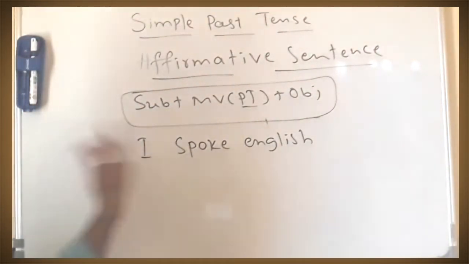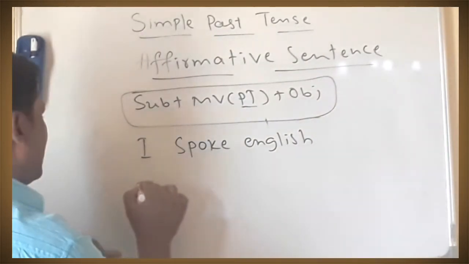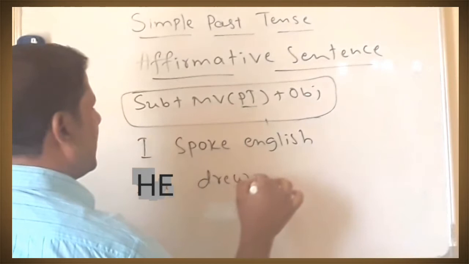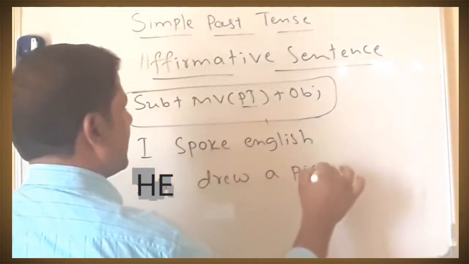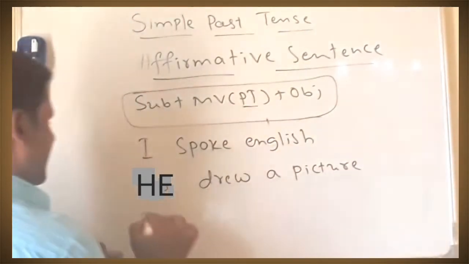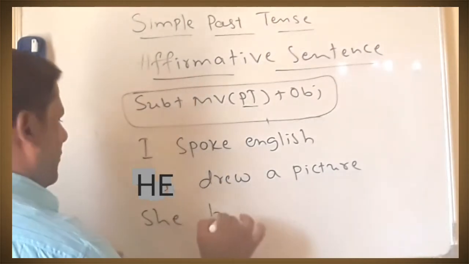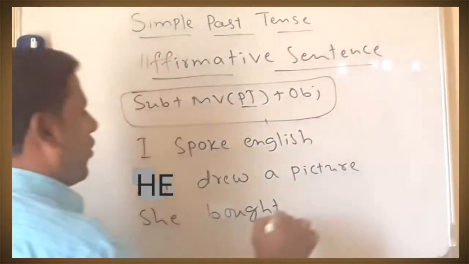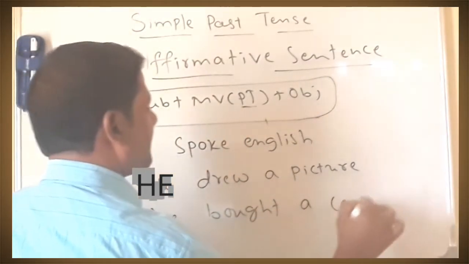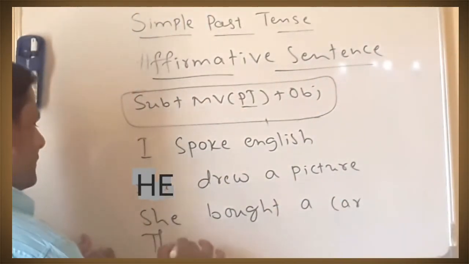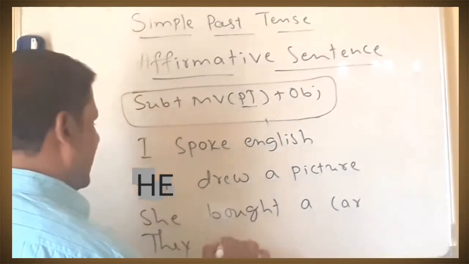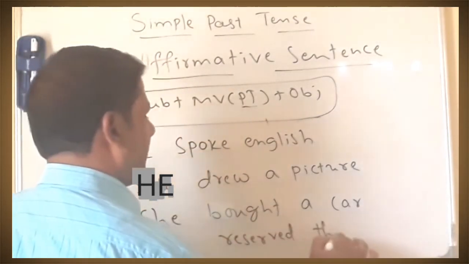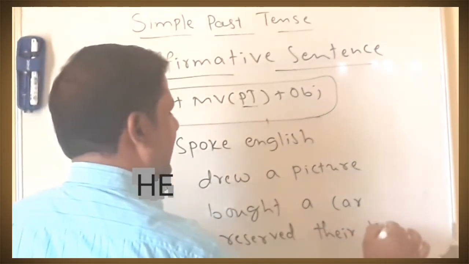In the next sentence, he drew a picture. She bought a car. Why bought? Buy, bought. They reserved their tickets.